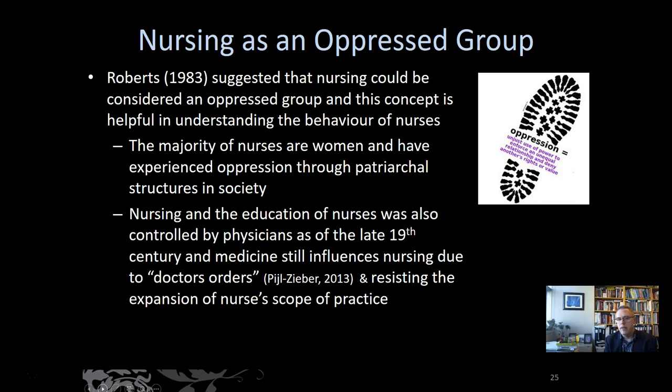Why nursing could be considered an oppressed group is, number one, the majority of nurses in the last few decades, and since the inception of nursing according to Nightingale, has essentially been women. And women in a patriarchal society have experienced oppression and socialization that reinforces that oppression.